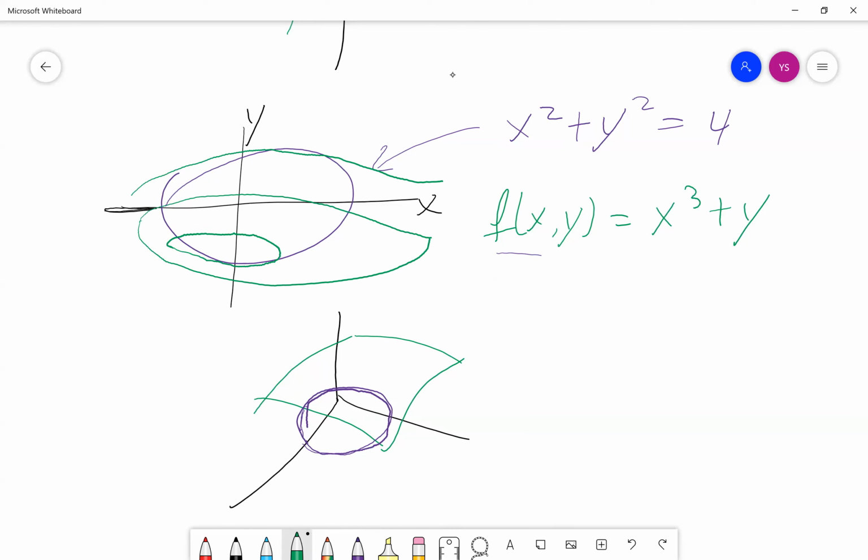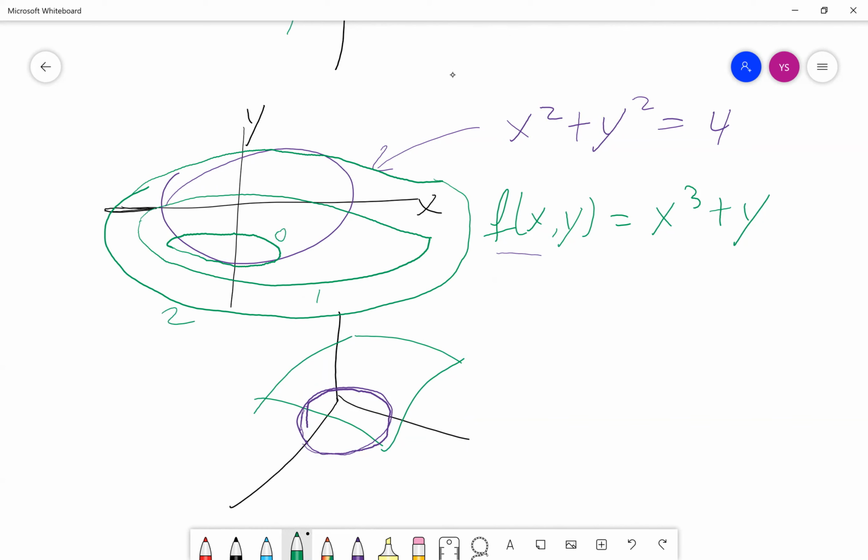Okay, probably not drawn to scale, but these are all level curves of f. Now, what happens at the absolute minimum and maximum? Well, let's imagine that these level curves are something like this. This is 0, this is 1, and this is 2.